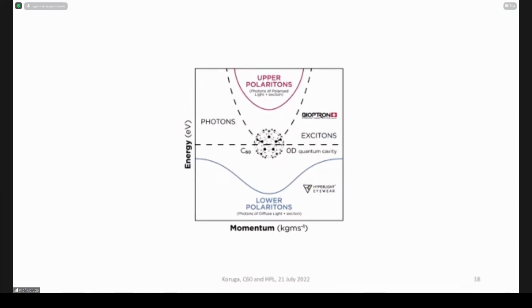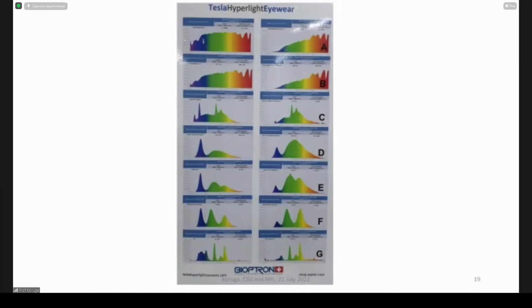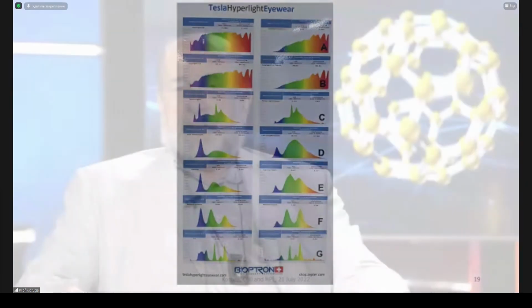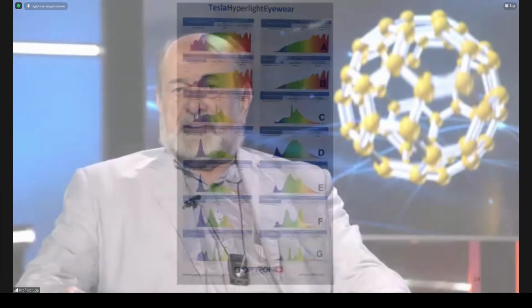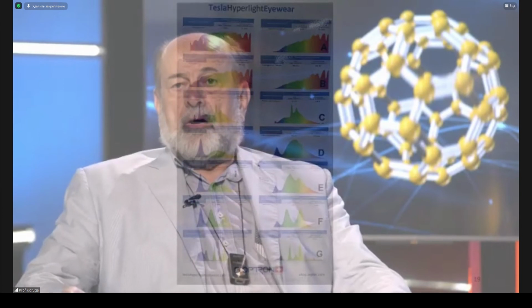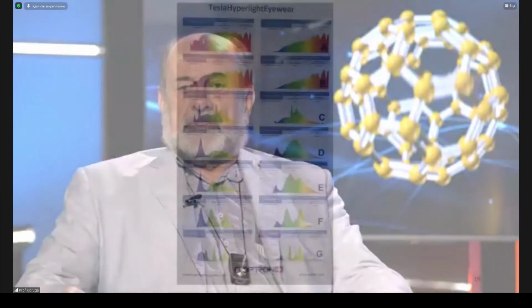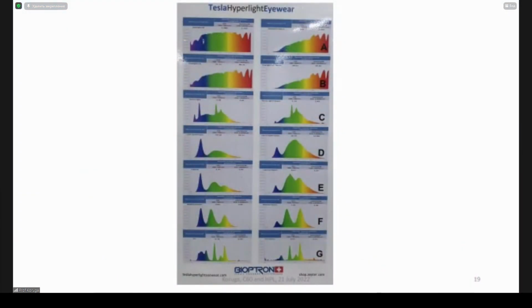But for the BIOPTRON, we have what we call the upper polariton, and for the eyewear, we have a lower polariton. The same mechanism. And we tested our eyewear for different applications, using different types of lights: for neon, for LED diodes, for the laptop, for the screen, also for TV, for our phones.